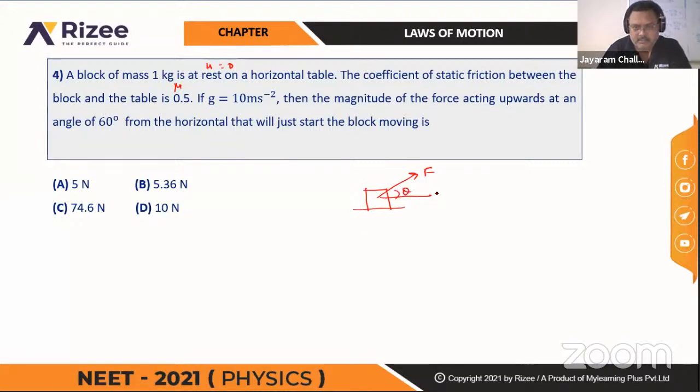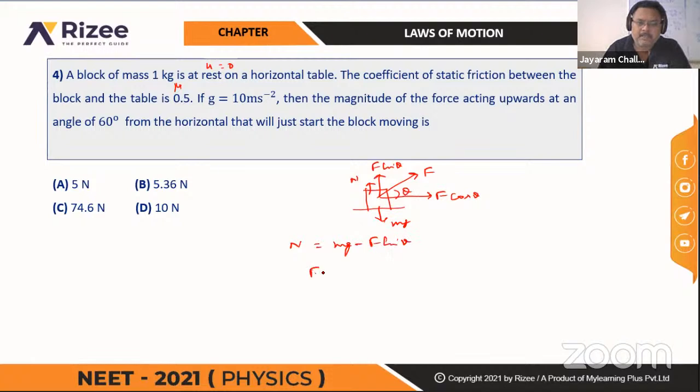The angle is theta, so it is going to be F cos theta here. Your vertical component will be F sine theta. Normal will also be there, and downward direction mg will be there. From this situation, the normal reaction can be written as mg minus F sine theta.